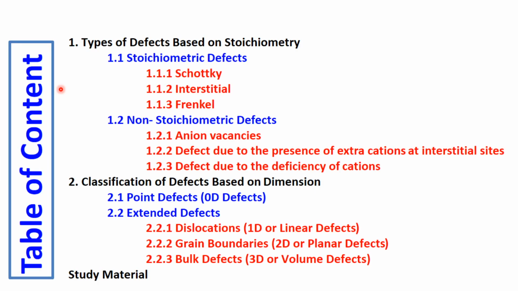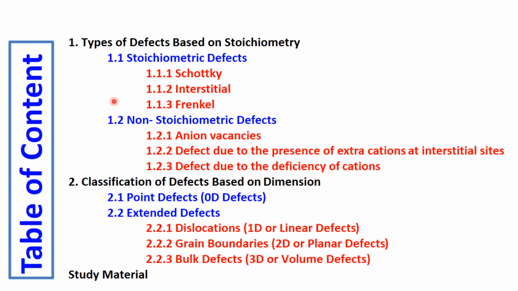This video lecture will summarize types of defects in a quick way. First of all, types of defects based on stoichiometry will be discussed. Among stoichiometric defects, Schottky, Interstitial, and Frenkel defects will be discussed.